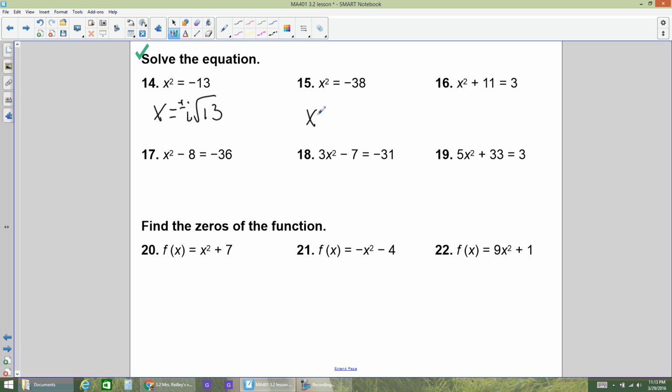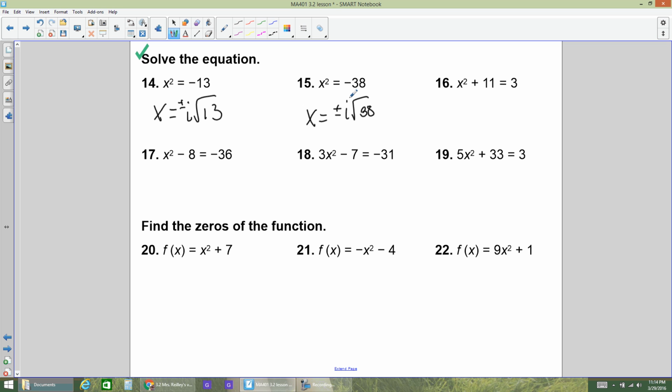This is x equals plus or minus i radical 38. And 13 was easy. I know that it doesn't have any perfect squares in it, like a 4 or a 9. 38, think about real quick. Is it divisible by 4? Is it divisible by 9? Is it divisible by 16? Okay, no, so we're done.